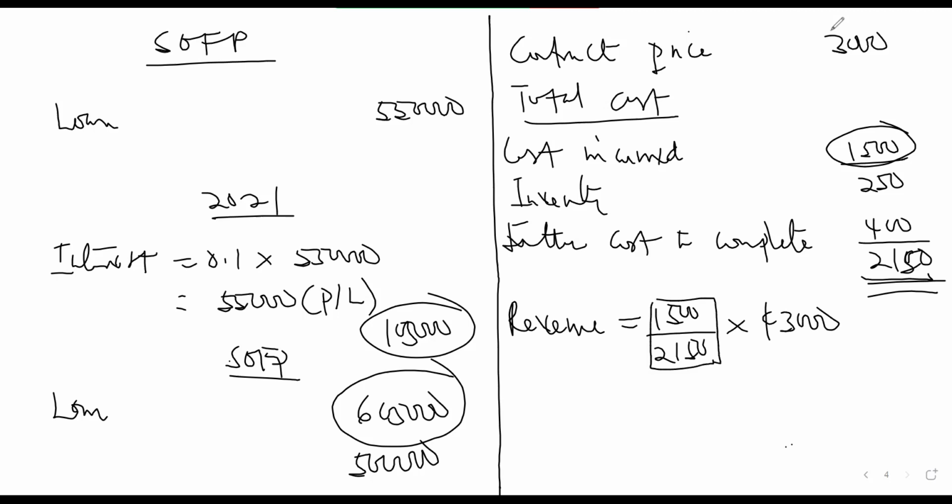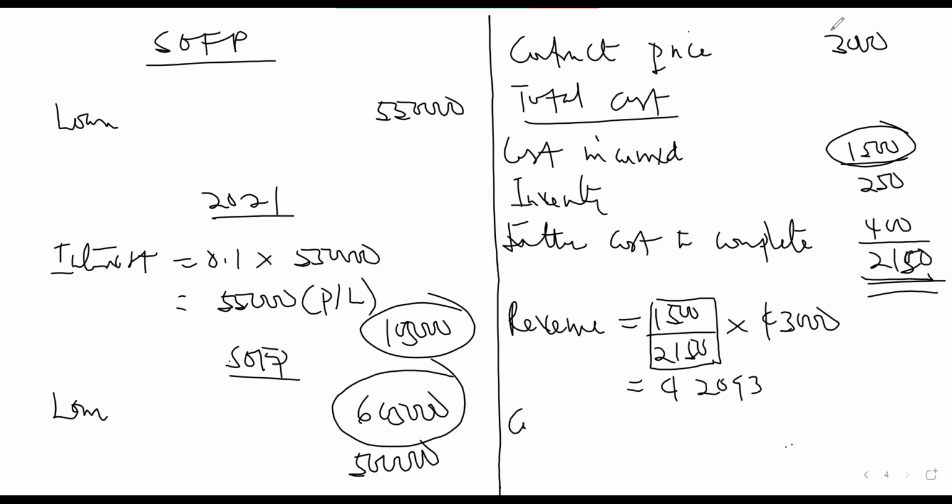They are using the input method. So that will be the revenue. How much are we getting? $2,093. Okay.